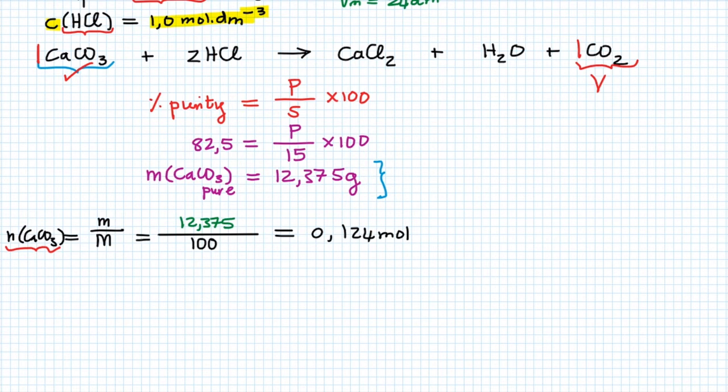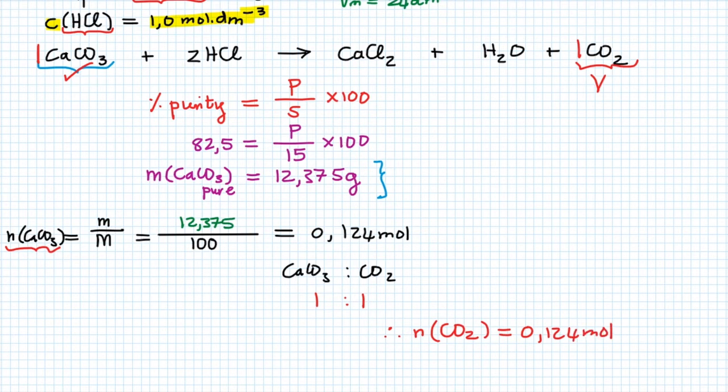So therefore, if we are looking at the ratio of calcium carbonate to carbon dioxide, we see that the ratio is 1:1. Therefore, the number of moles of carbon dioxide that is going to be produced is 0.124 moles because the ratio is 1:1.